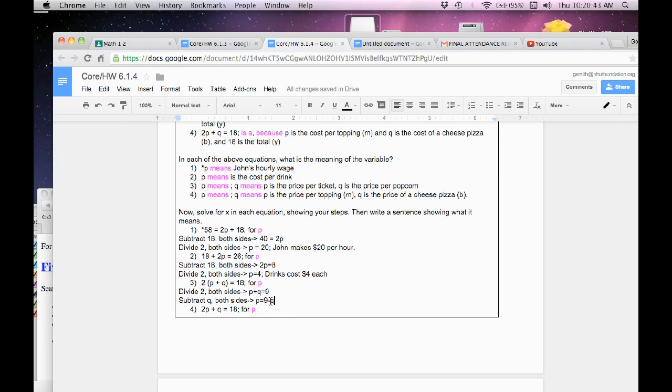And then, of course, in number 3, P is the price per ticket and Q is the price per popcorn. So the price of a ticket is equal to $9 minus the price of popcorn. There we go.